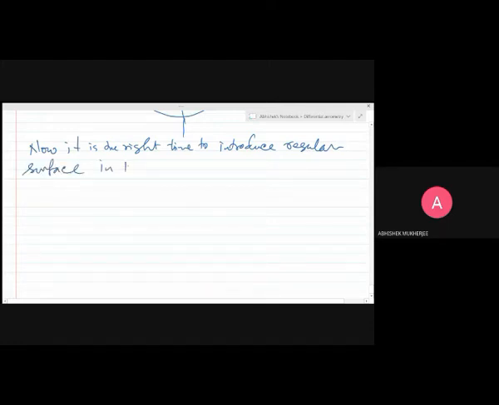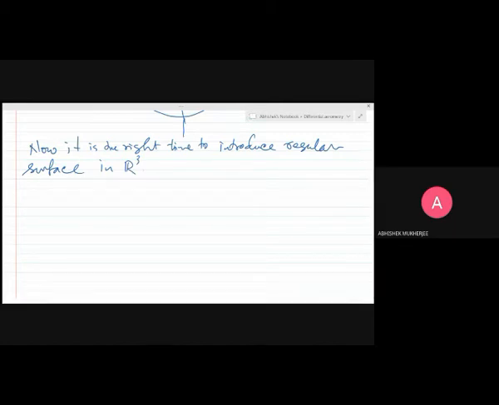Okay. So now it is the right time to introduce regular surface in R3. Regular surface in R3.